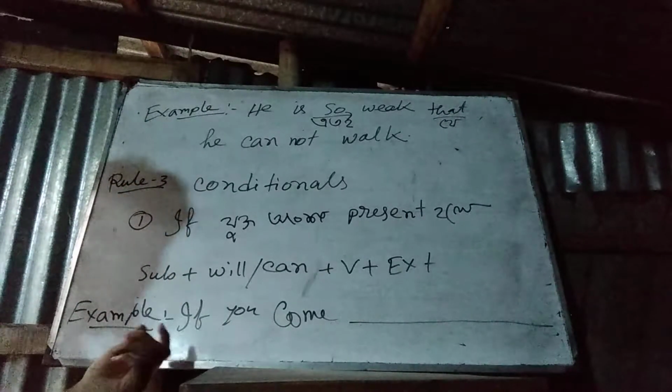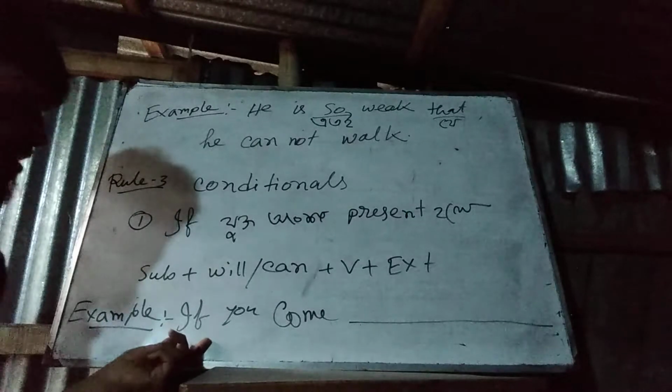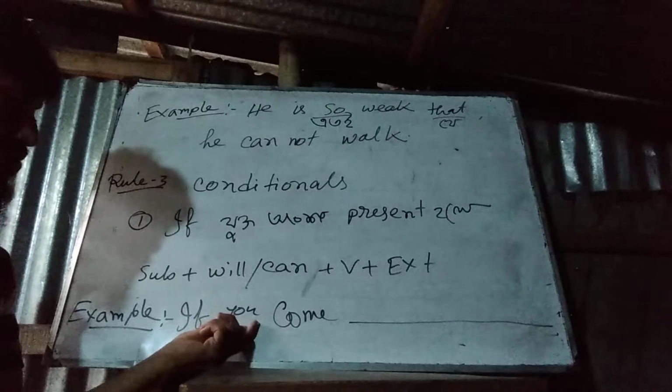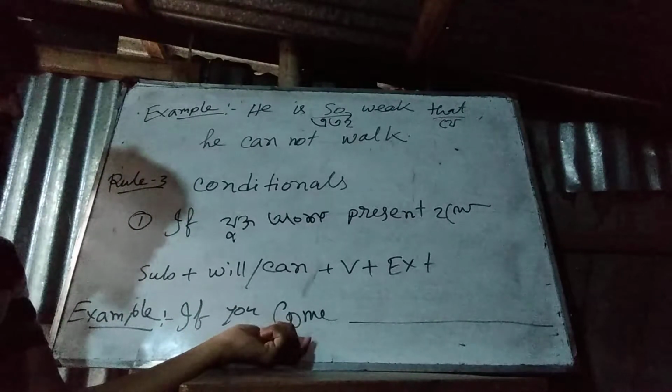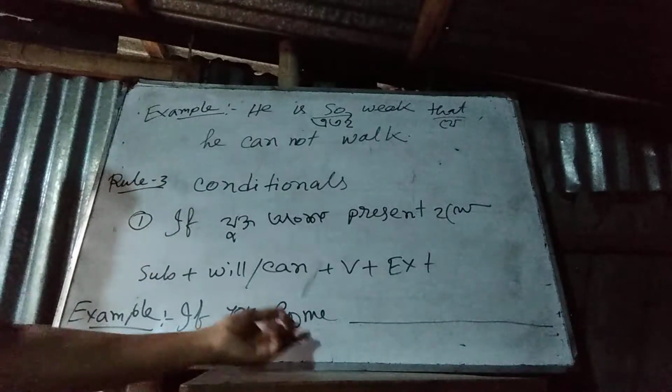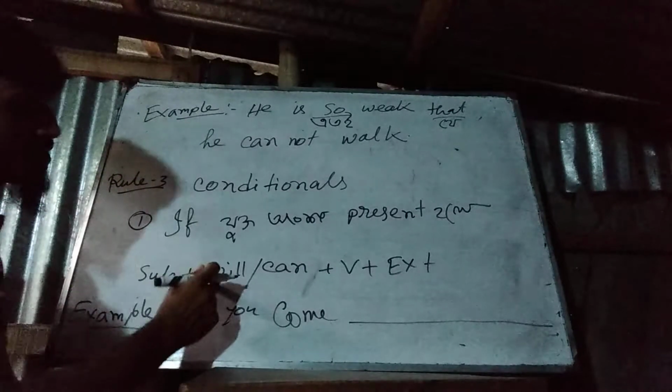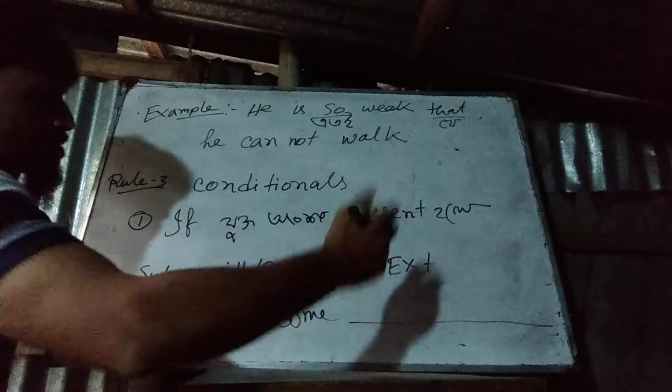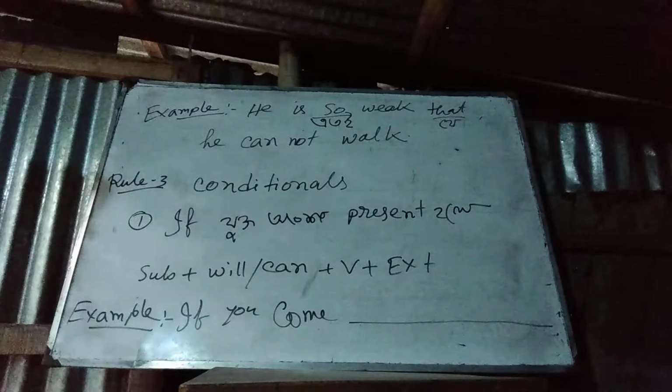If you come, so if is the conjunction connector and you is the subject, the verb come is in present form, so you have to follow the rule: subject will or can plus verb plus extension. So what can we write in the gap?